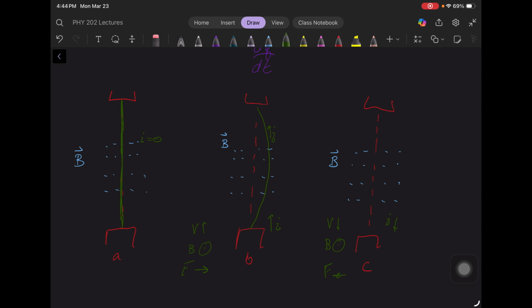Same as if you had a negative charge, then you would have everything flipped. But we're dealing with conventional currents here, so it's the flow of positive charges. Although, go ahead and see what would happen if you had negative charges flowing the opposite way in each of these cases, right? See if you can justify our use of a conventional current over an electron current. All right, the force would be to the left, so the wire is going to bend out that way.